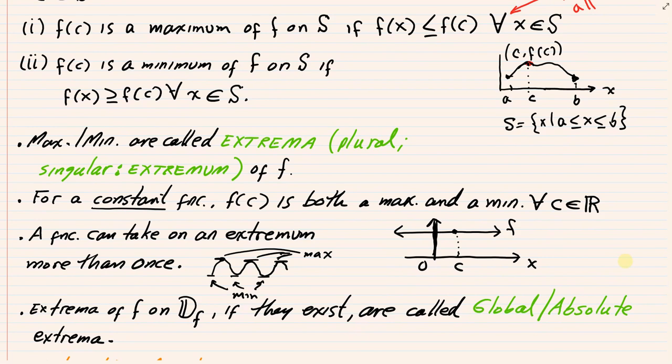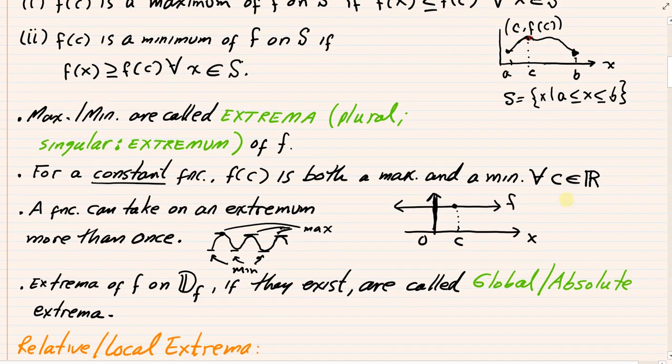And then we have what we call global or absolute extrema. If we look at the maximum or the minimum of a function over the entire domain of the function, like in the case of a maximum, there is no point higher than that over the entire domain, then we're looking at global extrema.